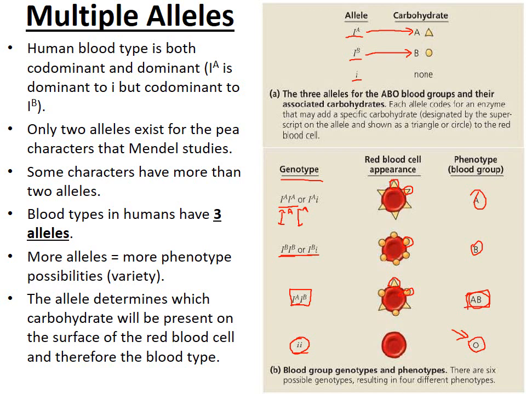Now in reality it's actually coding for an enzyme that adds the carbohydrate. An enzyme is a type of protein. So IB would code for an enzyme that adds B carbohydrate, and then IA would code for an enzyme that adds triangle carbohydrate or A carbohydrate. And then i would not code for any. So we have multiple alleles. We have 3 alleles instead of just A and B.